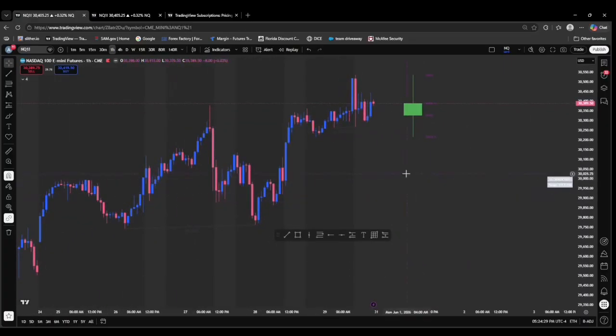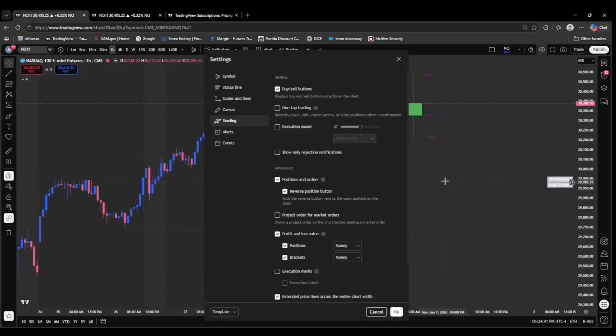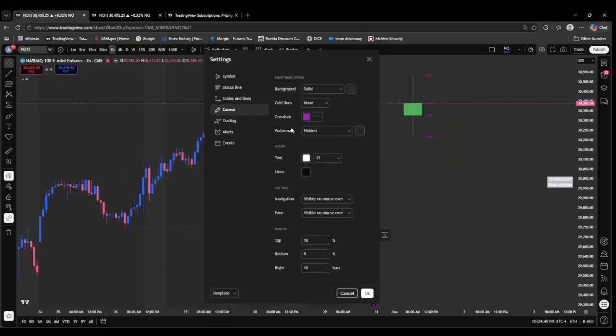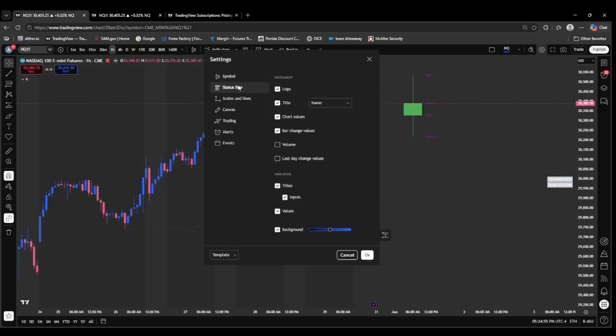These are candlesticks. Now, I personally have mine on blue and pink, but that's because I changed my chart settings. I right clicked it, and then I went to settings, and then I'm going to go to canvas and no symbol.